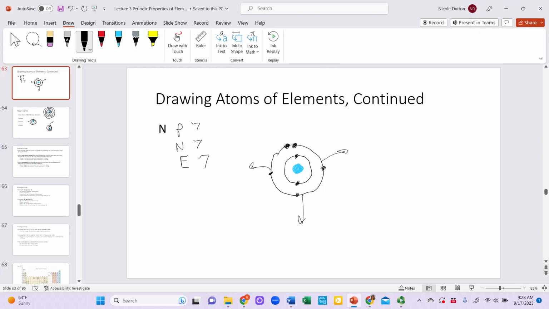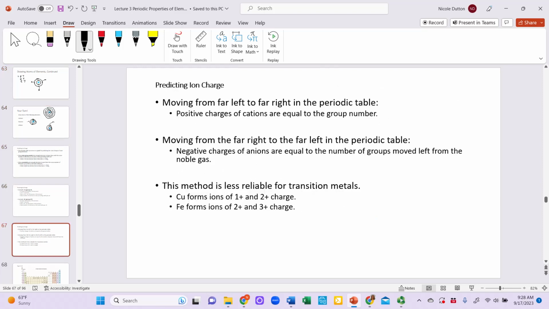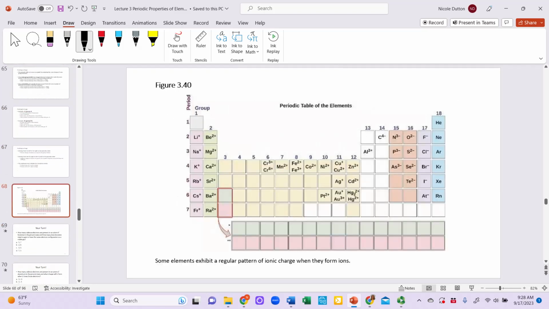So it's easier to gain 3 electrons than it is to lose 5 electrons. So in order for this one to be happy, it has to gain 3 electrons. Now when you gain 3 electrons, you're going to become more negative by 3. So N3 minus. And these are going to act in a similar way going down the column here.